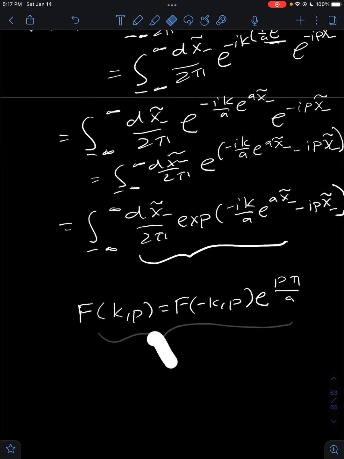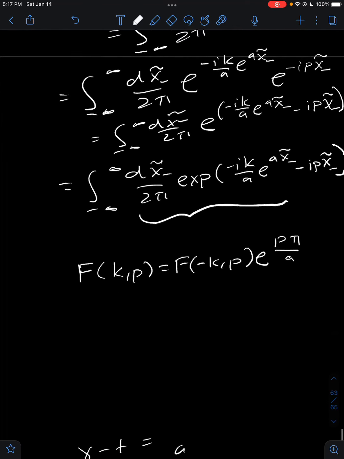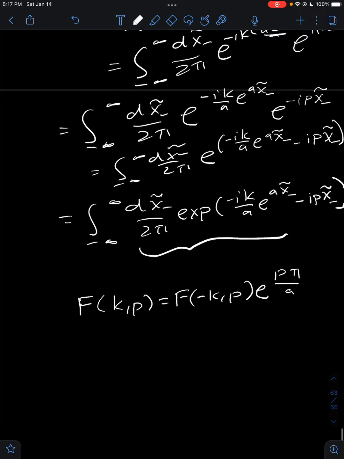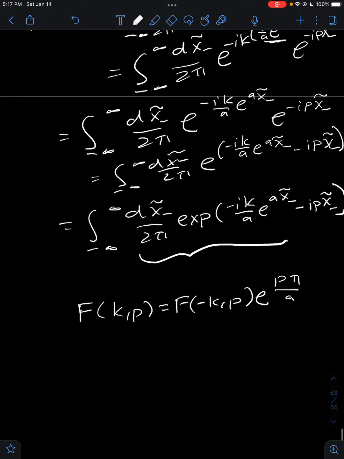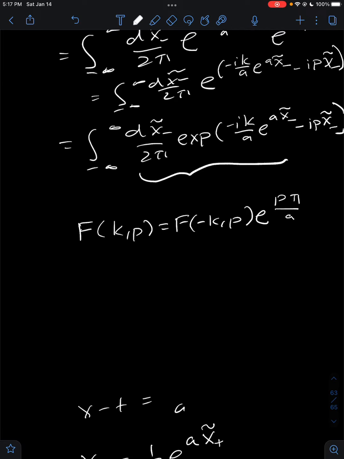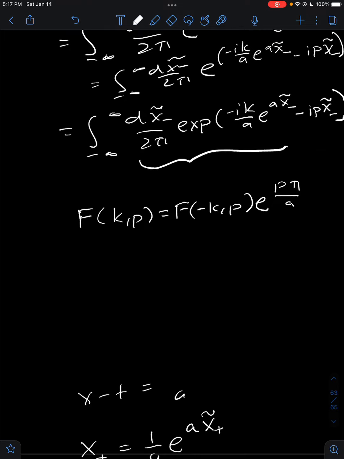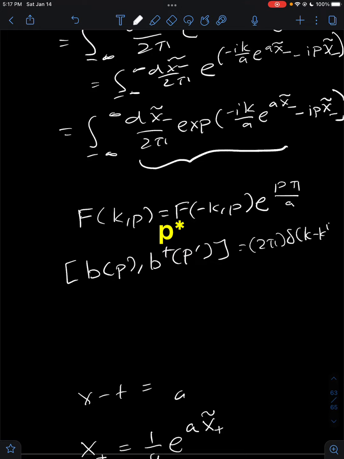But for now, let's just take this, and using this property, we can actually do a couple of things. So first of all, we have to use another property where we know that b of k, b conjugate of k prime, equals 2 pi delta of k minus k prime, right?